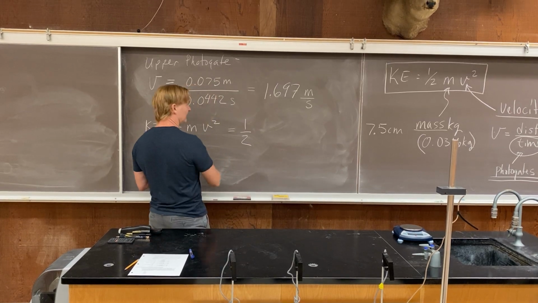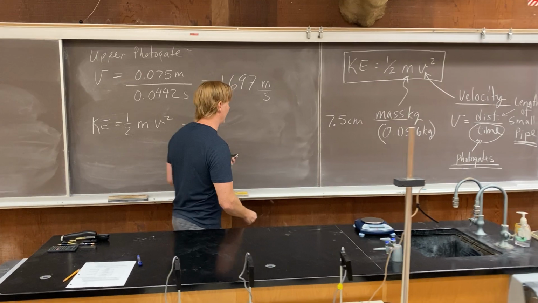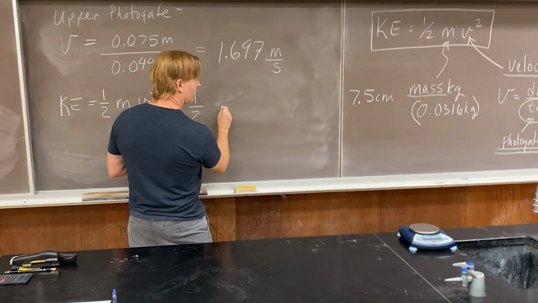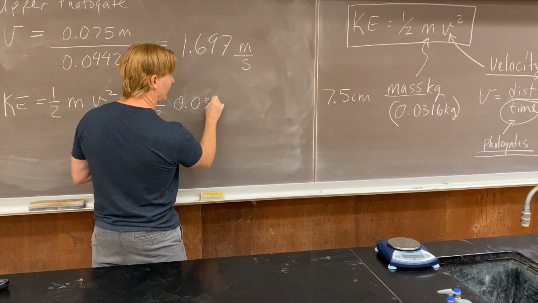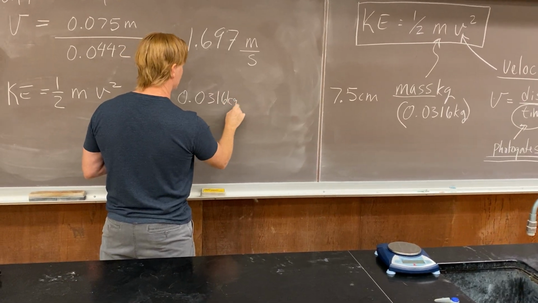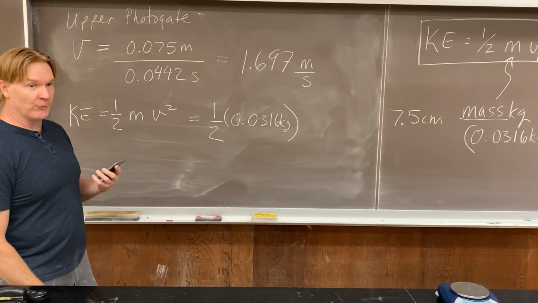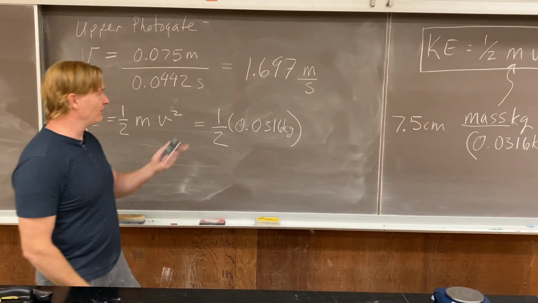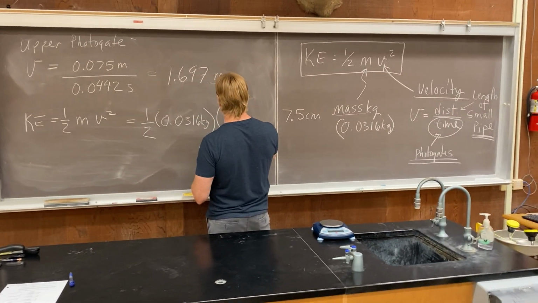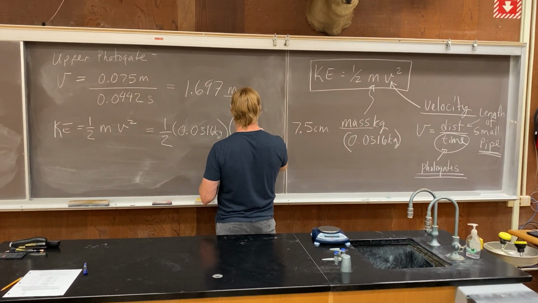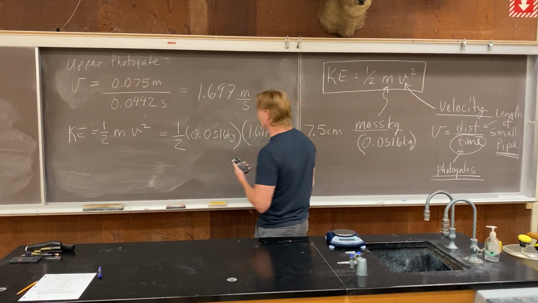The mass we already got over here at 0.0316 kilograms. And then we're going to multiply that by the velocity squared, which is just this guy. So it's just going to be 1.697 meters per second. And then this is going to be squared.